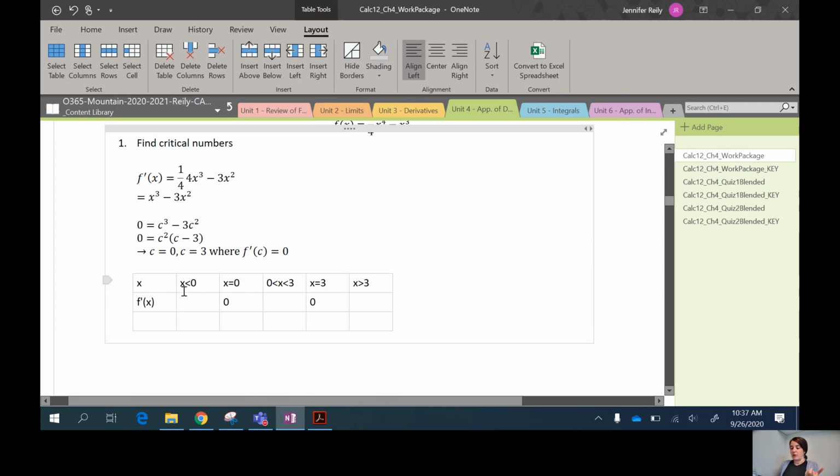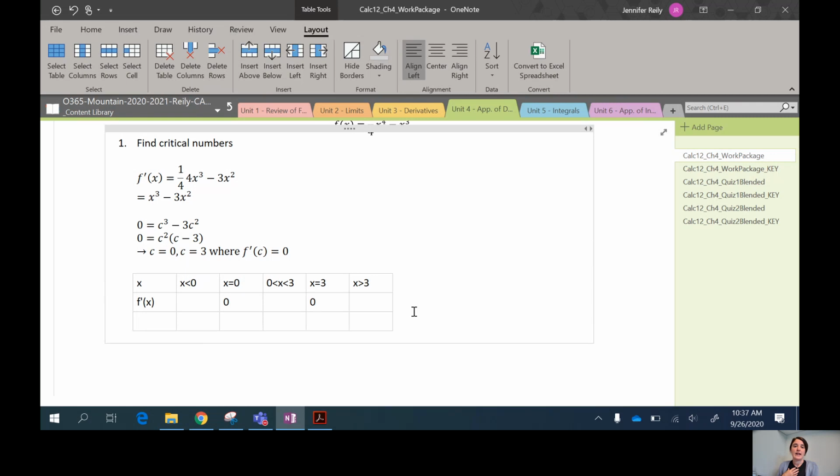So to figure out what's happening with the derivative for x less than 0, we just want to know whether the derivative is positive or negative. To do that, we just need to pick a test point. Anything that's less than 0, we can just plug into the derivative and tell whether the derivative is positive or negative. Pick a nice number, like for example, -1.